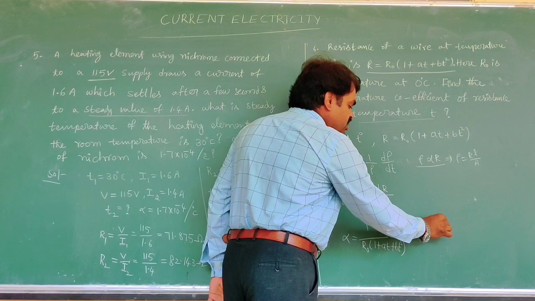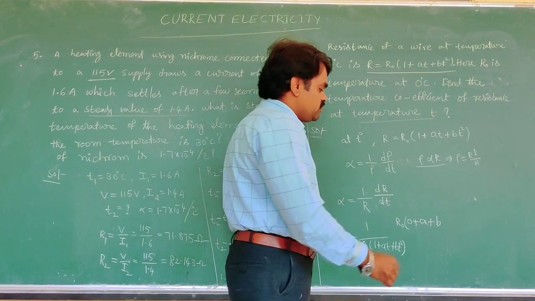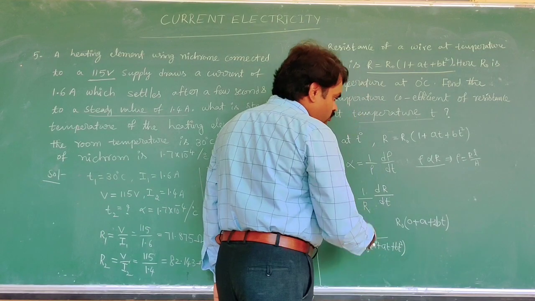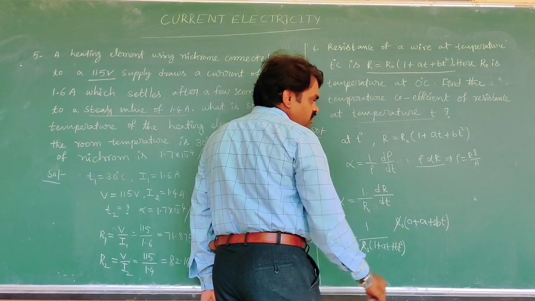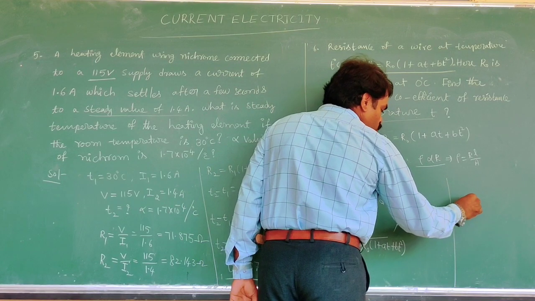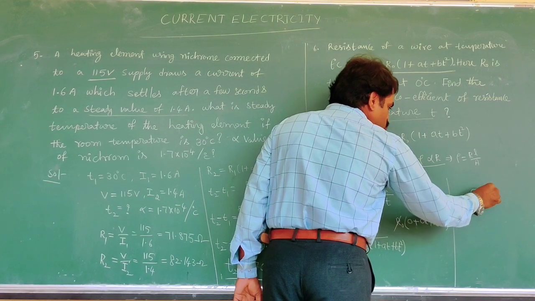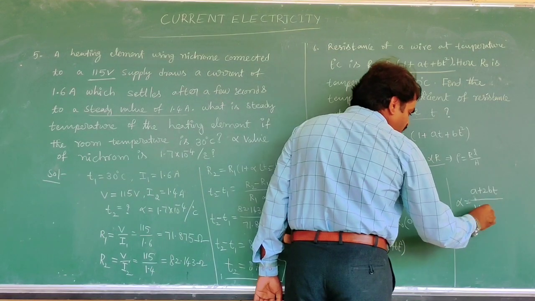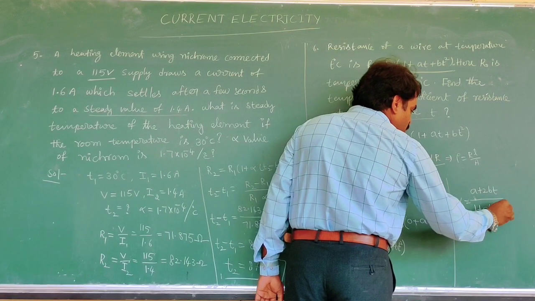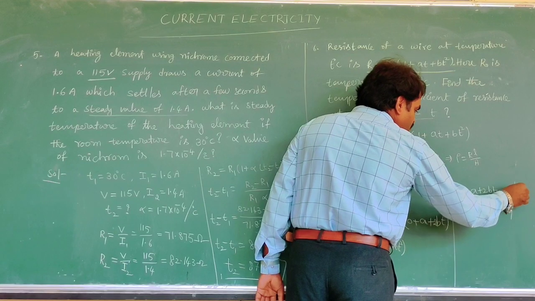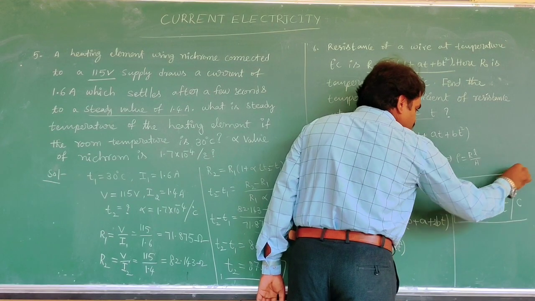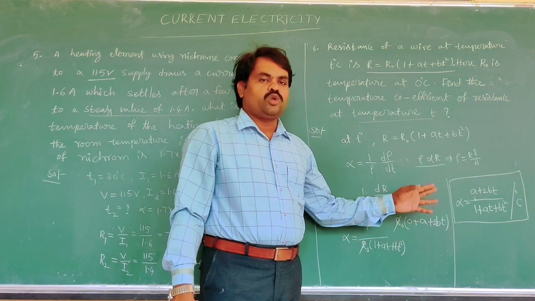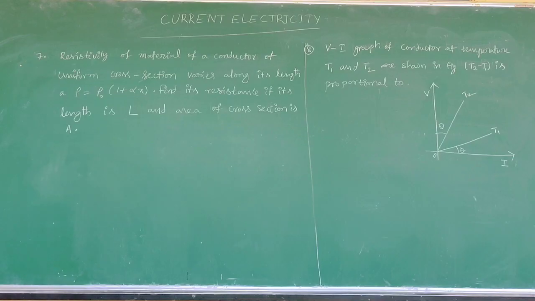B is a constant, T square differentiates to 2T. Then R naught cancels. Then alpha is equal to A plus 2BT, divided by what remains, 1 plus AT plus BT square, per degree Celsius. This is the temperature coefficient of resistance at T degrees Celsius.